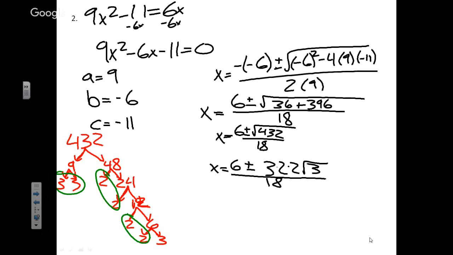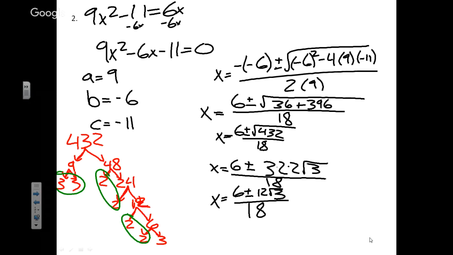So what's 3 times 2 times 2? 12. So then we have x equals 6 plus or minus 12 times the square root of 3 divided by 18.